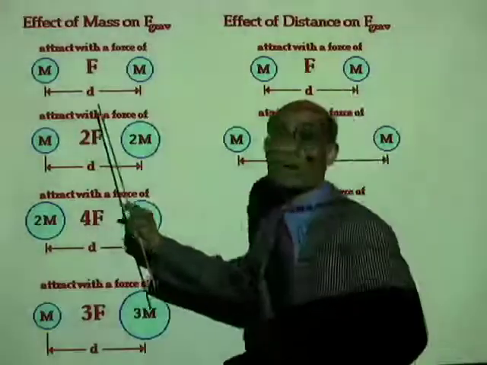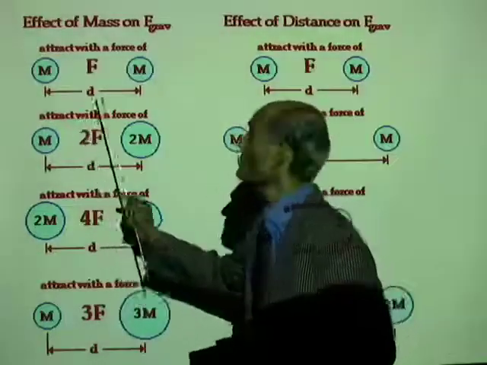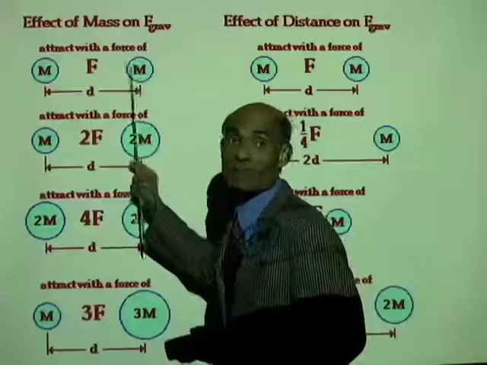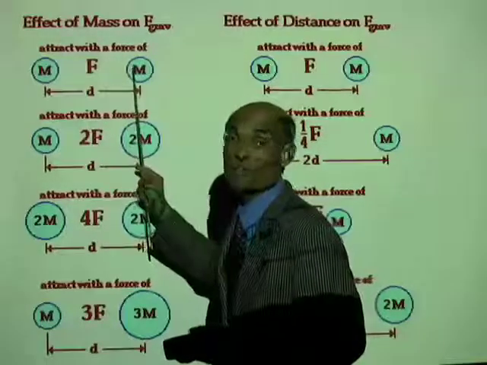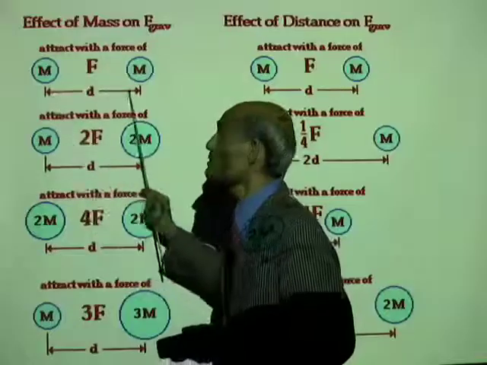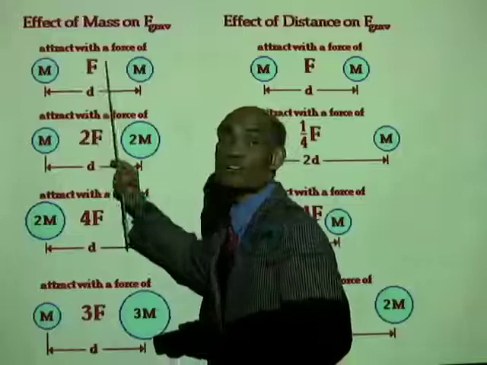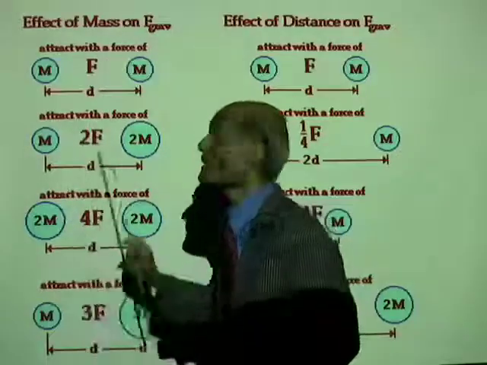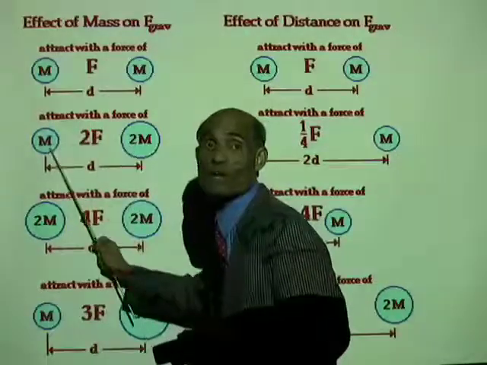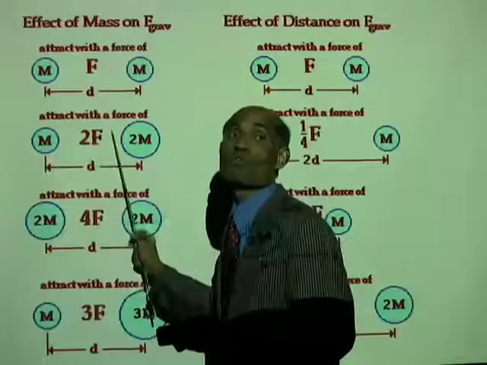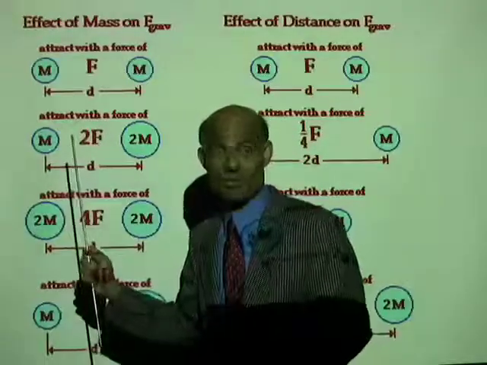Now I want you to watch this. Very important concept. You have a mass m, another mass m, two equal masses separated by a distance d, and the force between them is F. If you double one of the masses, keeping the distance the same, the force will double. Is that right?